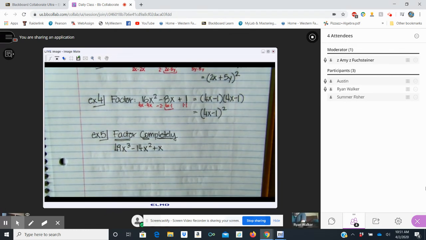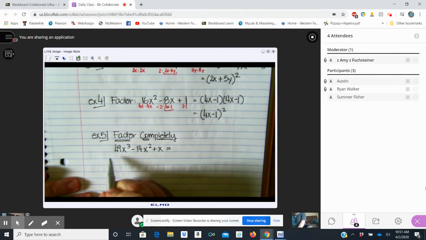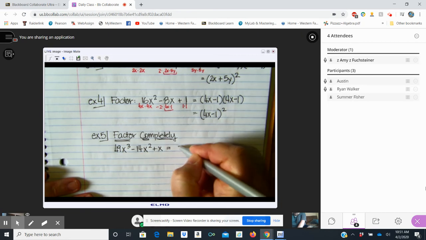Now, example 5 is going to use the same patterning, but it's asking you to factor completely. The idea here is that you recognize you could take an x out of each term.